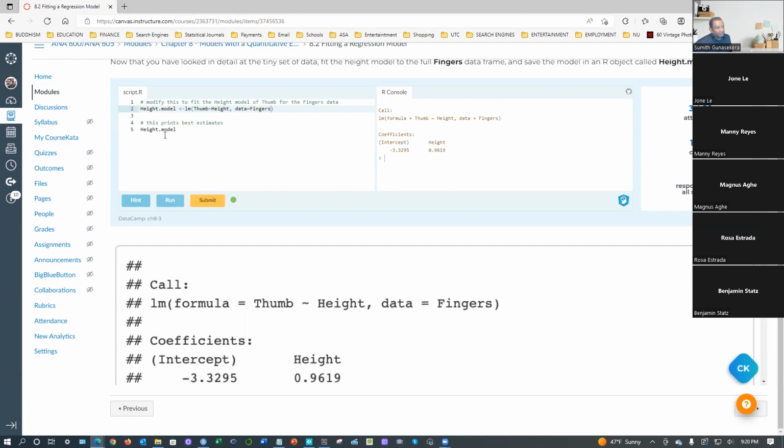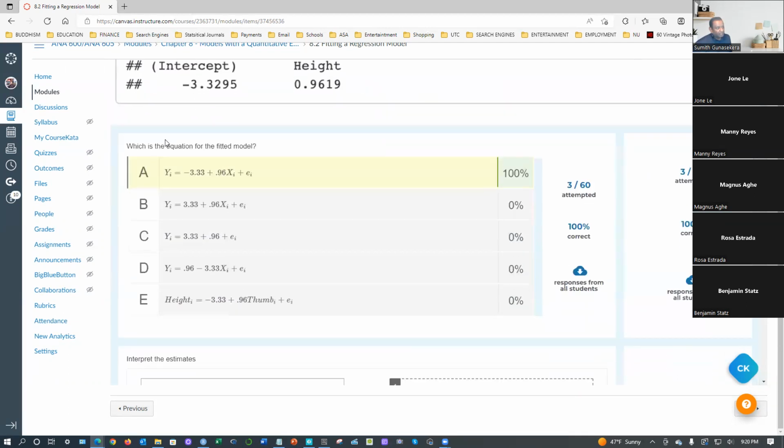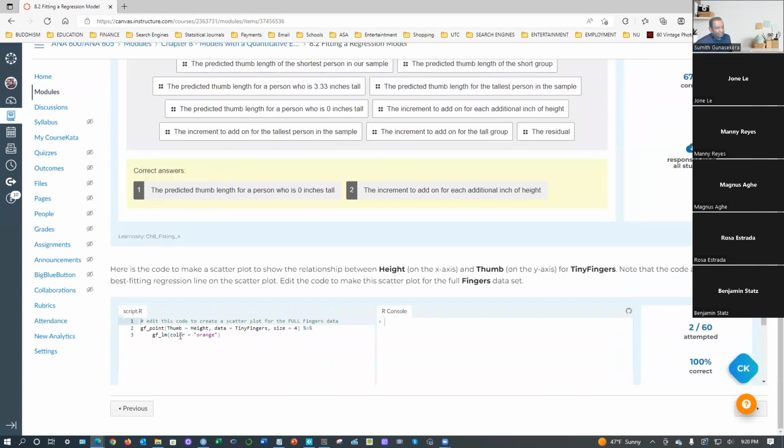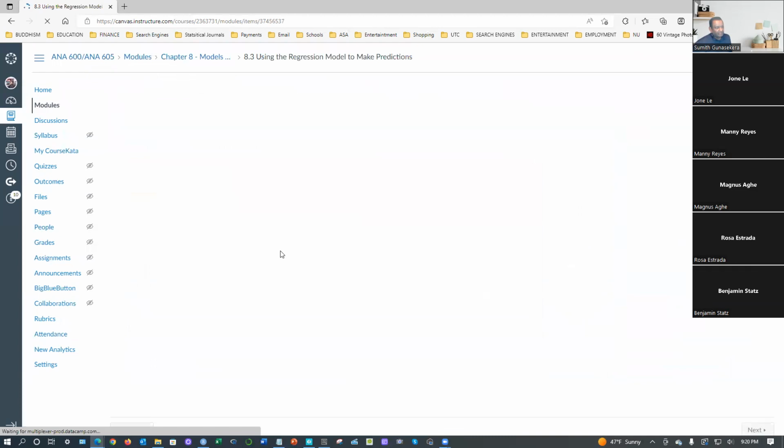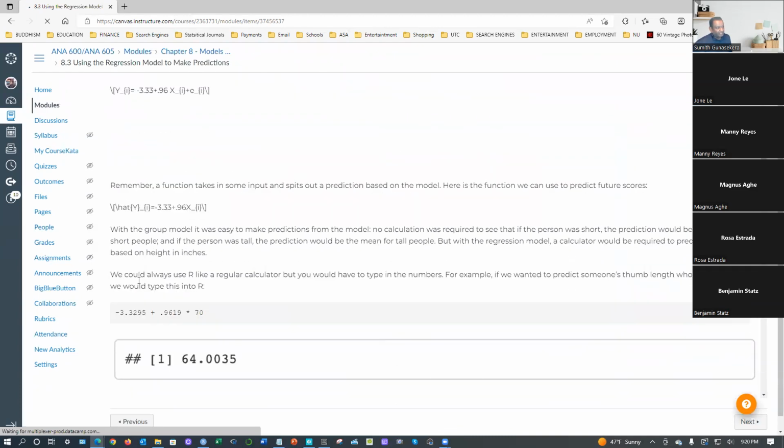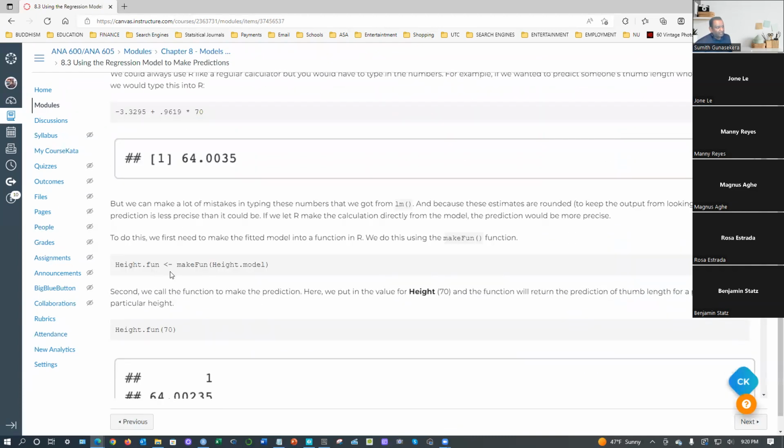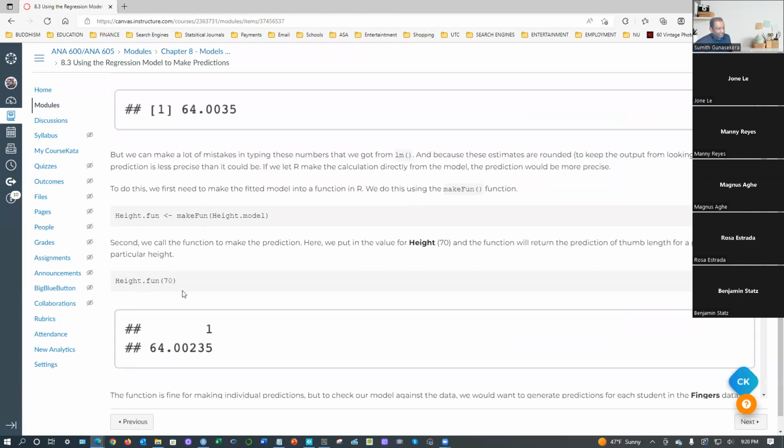Height model. If you go to the height model, this one is the graphical representation. And here, if you need that, you can make a function out of it, and you're gonna say the height function. And height function, if you put in 70, that will calculate that one.